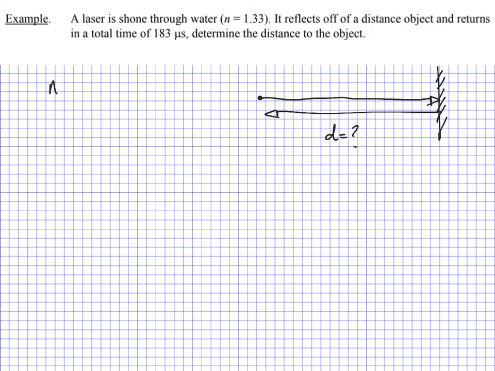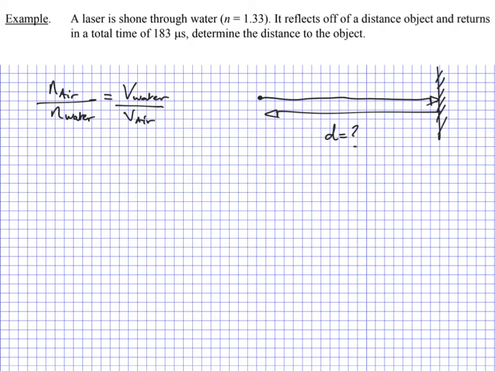Rather than N1, we'll call it N of air, the refractive index of air, which we know to be approximately 1, good enough, same as a vacuum, over the refractive index of water is going to be equal to the speed, and this is where it's an inverse rule, the speed of light in water over the speed of light in air.